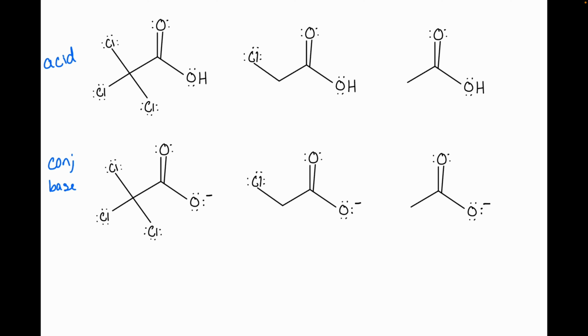Right? And that's exactly what induction is, it's these electronegative atoms' ability to stabilize negative formal charge through neighboring atoms, right? So we know that those halogens are very electronegative. They pull electron density through their single bonds. They're able to pull some of that electron density away, even from all the way over there, all right?